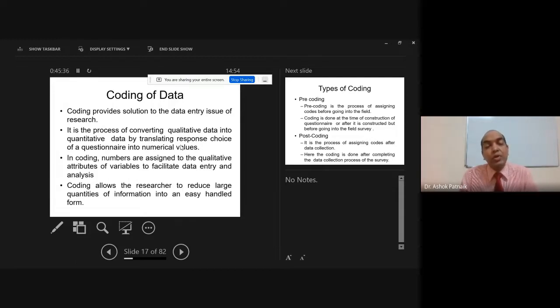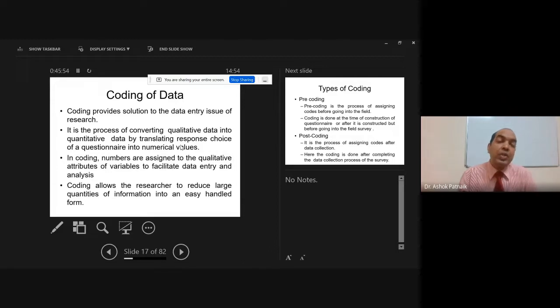It helps you convert the qualitative data, which generally is very difficult to capture, into numerical values. And in coding, numbers are associated with qualitative attributes, and variables facilitate data entry and analysis.